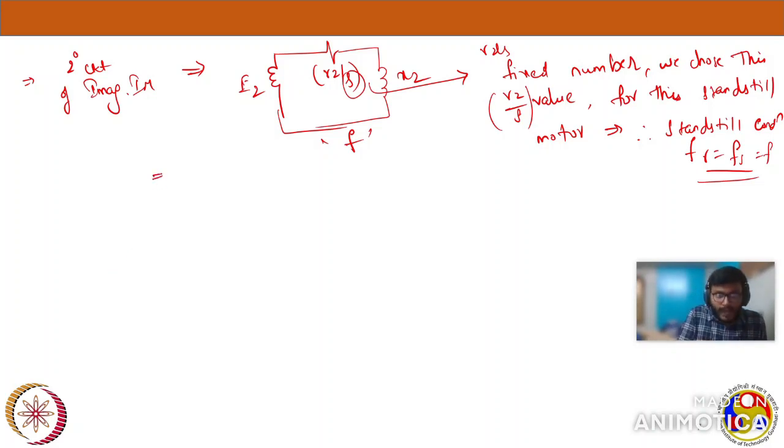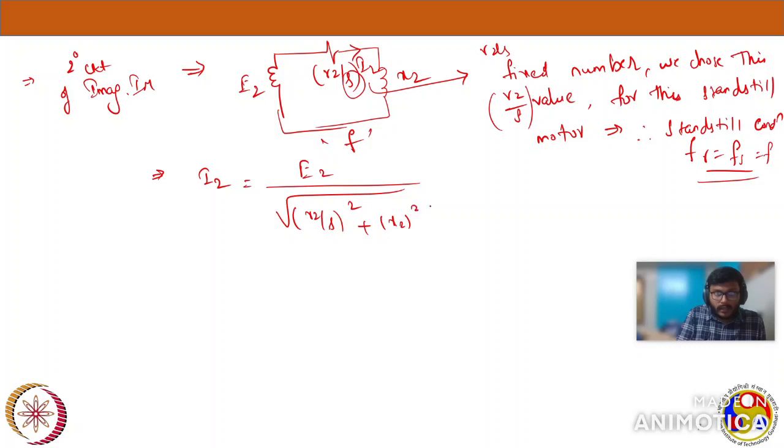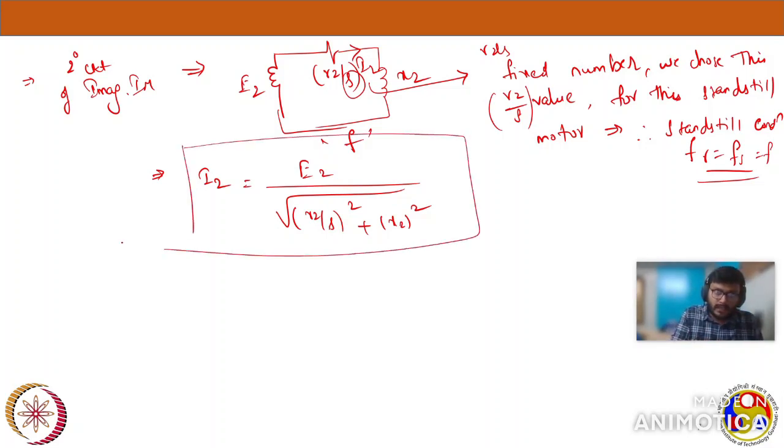Now if you calculate the I2 value here, I2 is equal to E2 divided by the square root of R2 by S whole square plus X2 square. Now let's say we have arrived at this current for my imaginary motor.